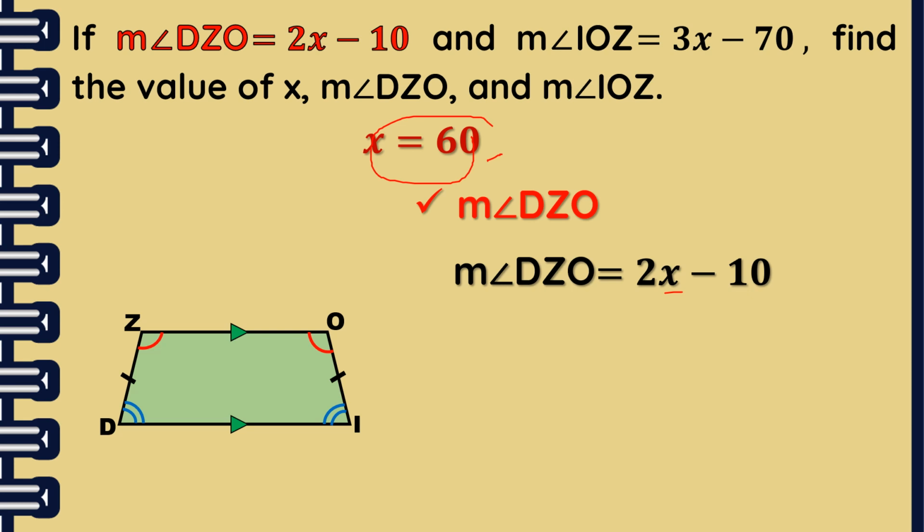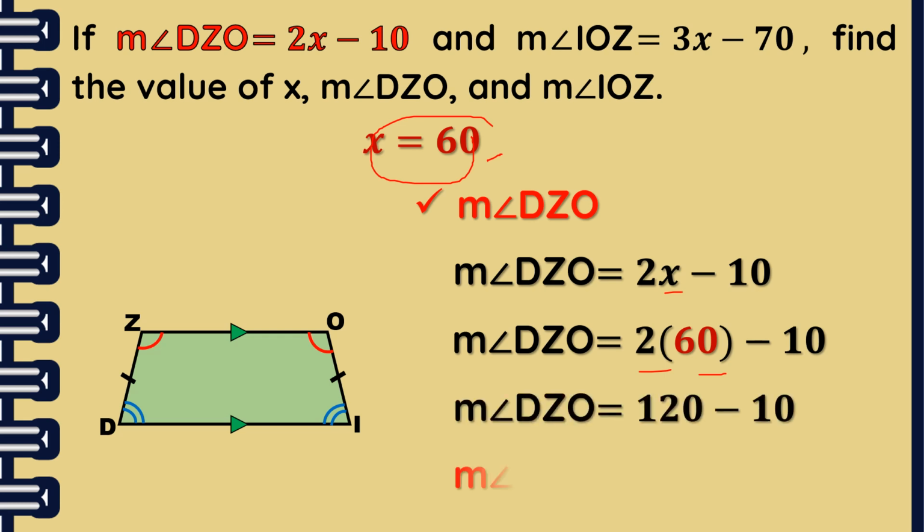We have measure of angle DZO is equal to 2 times 60 minus 10. The product of 2 and 60 is 120, less 10. The difference is 110. The measure of angle DZO is 110.